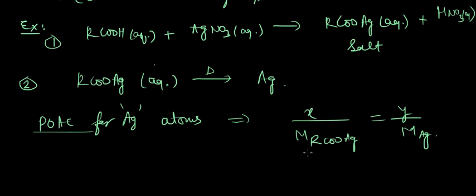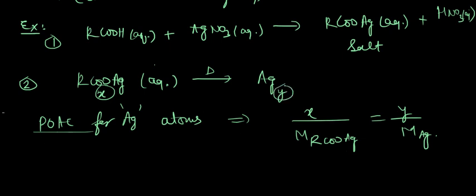The molar mass of RCOOH is the molar mass of RCOOAg minus the molar mass of Ag plus the molar mass of H. Here we are assuming that we have X grams of this compound and Y grams of this compound.